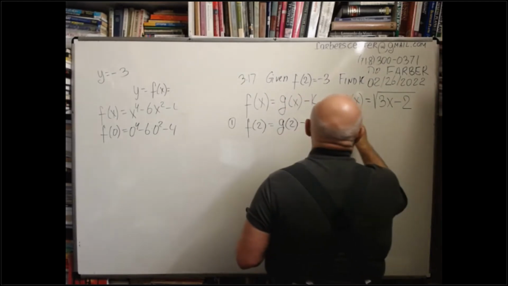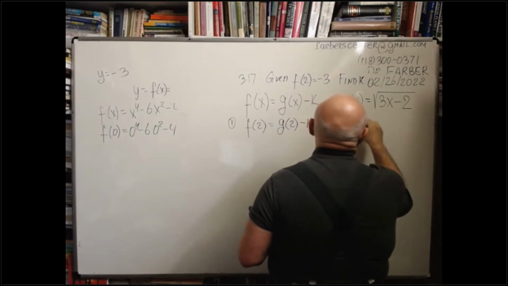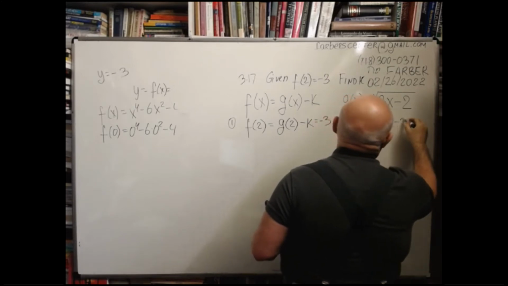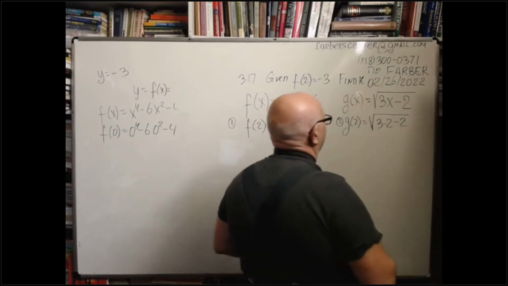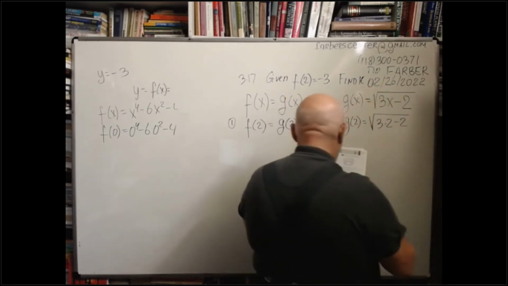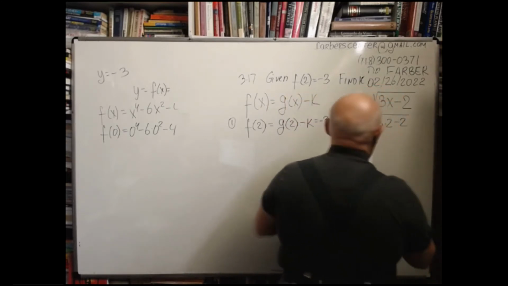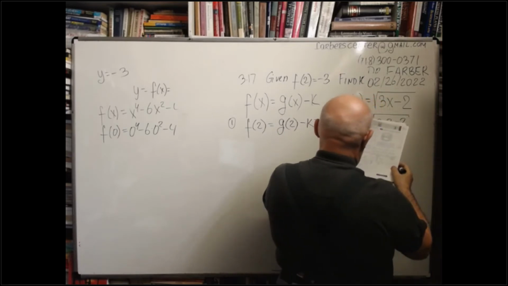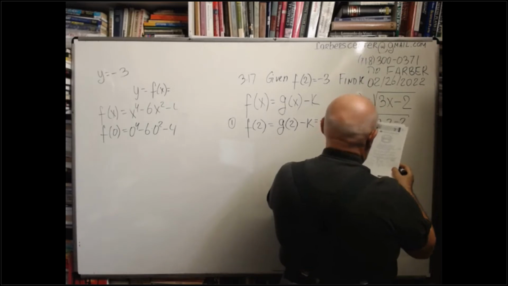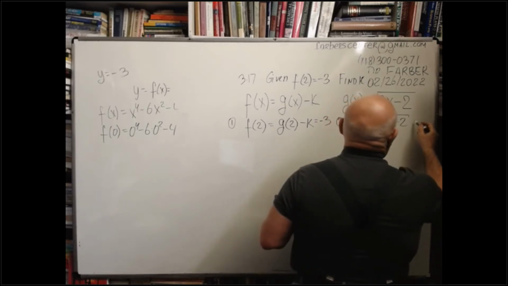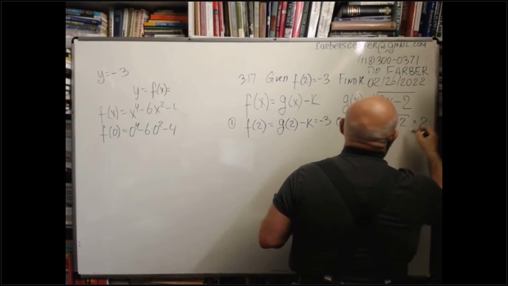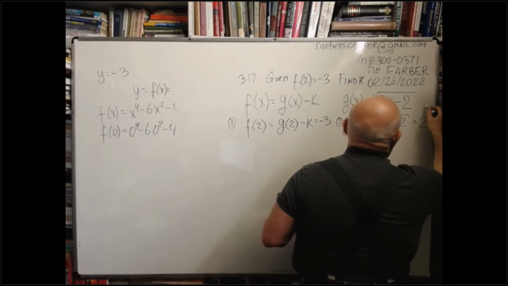Step number 2. g of 2 equals the square root of 3 times 2 minus 2, which is 6 minus 2, 4. And if you take the square root of 4, you can consider two different scenarios, plus or minus 2.